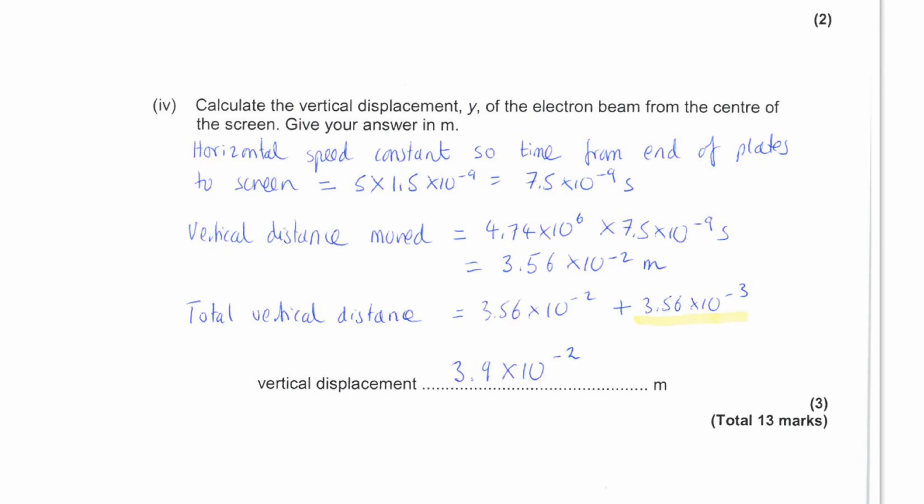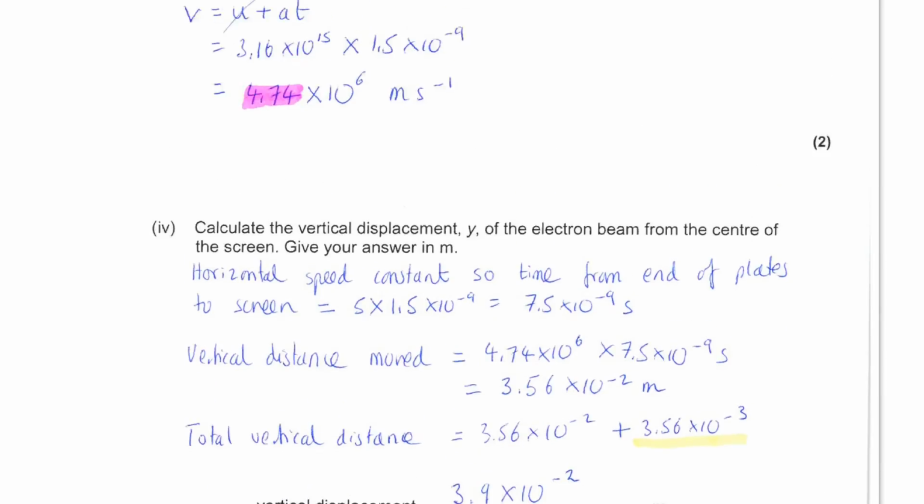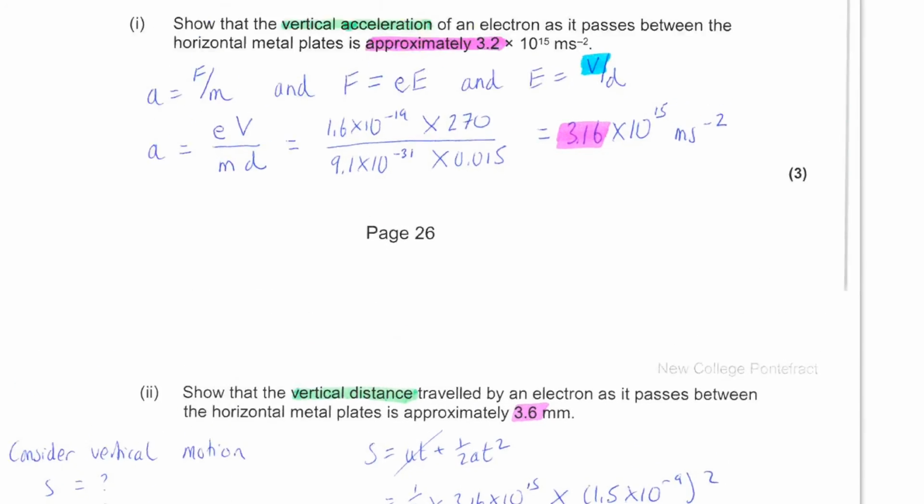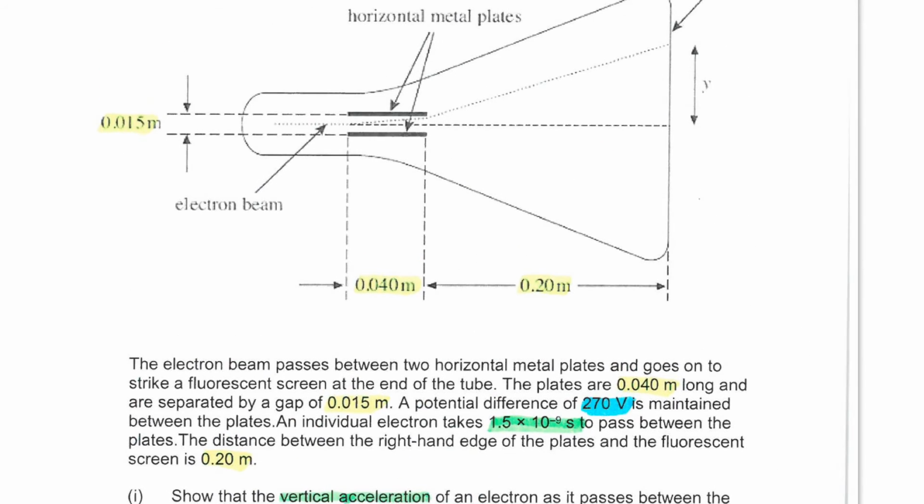Finally, you are asked to calculate the vertical displacement of the electron beam from the centre of the screen, giving your answer in meters. Just take a look back at the diagram to consider the situation here, and you will see that this vertical distance y is made up of two parts.